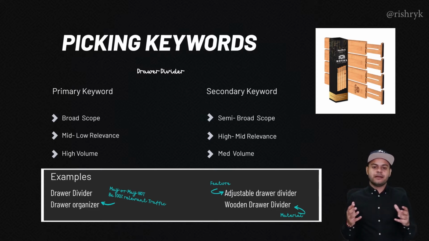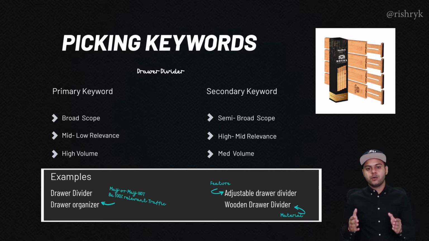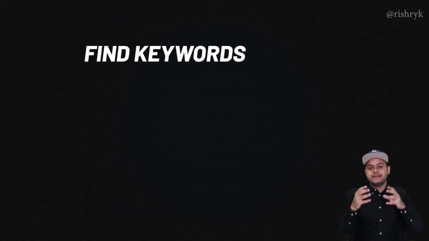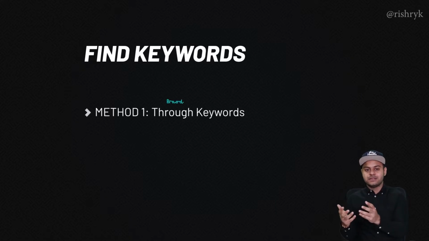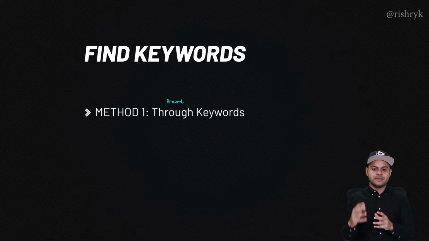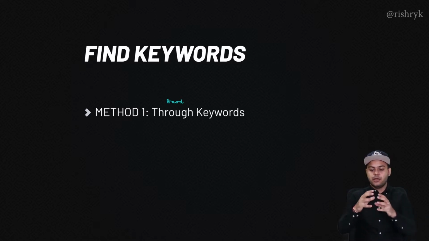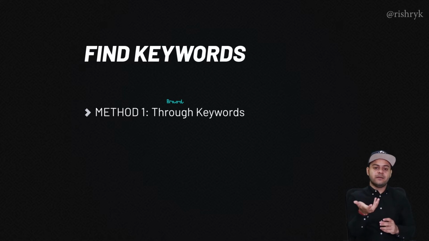So the first question that might come to your mind right now is, how do we find these keywords? There are two simple ways to find these keywords, and we are going to be going over them in just a second. The first method is using keywords to find these keywords. Okay, so this involves a little bit of your common sense. You need to understand what your product is essentially, and then search for keywords which are related to that base keyword that you start with.